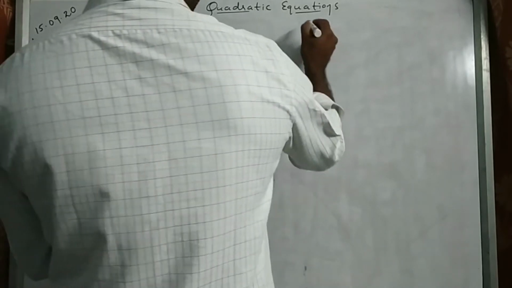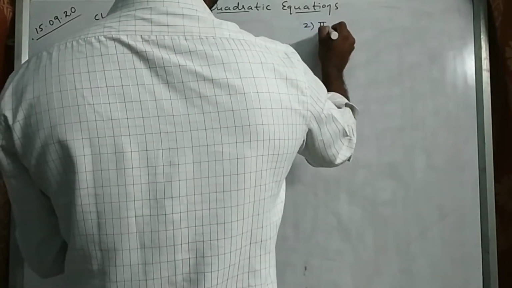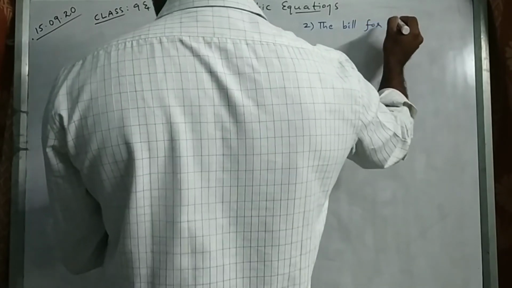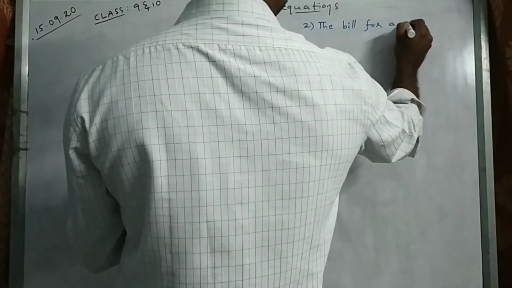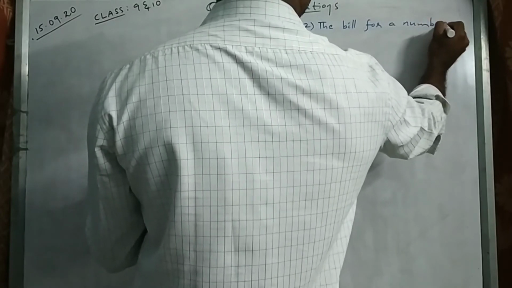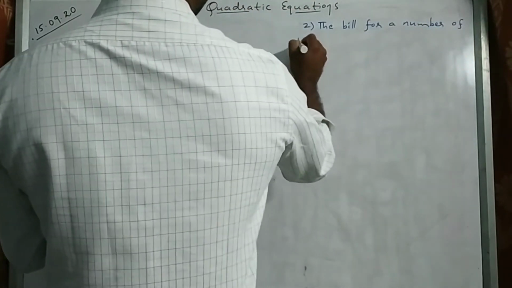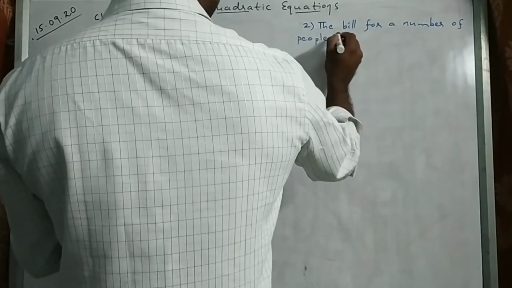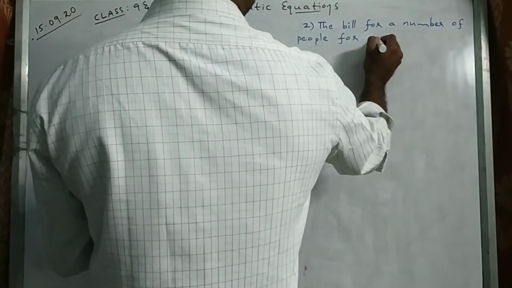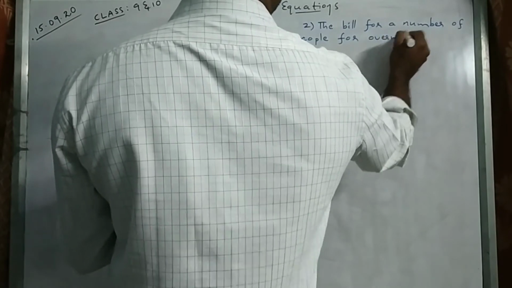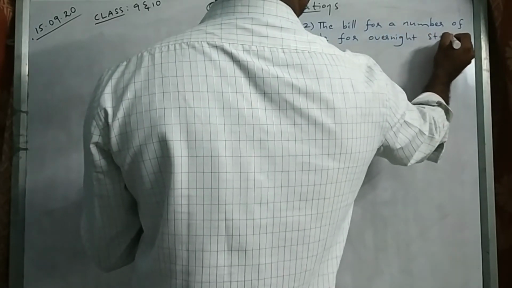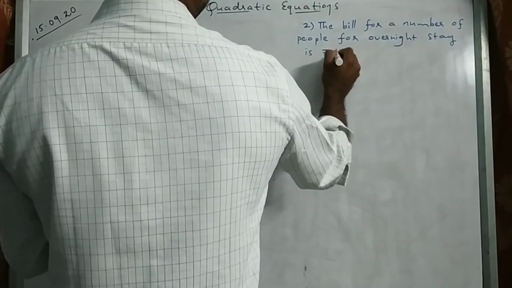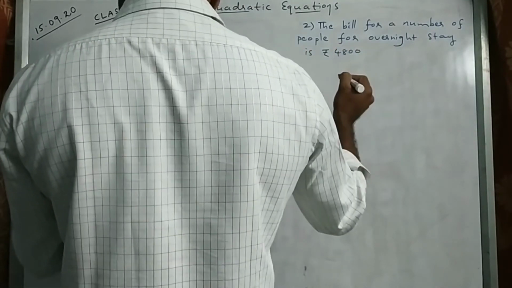The bill for a number of people for overnight stay is rupees 4,800.